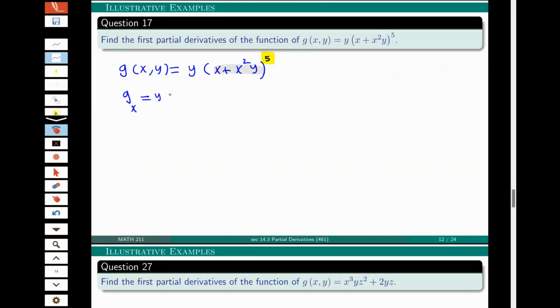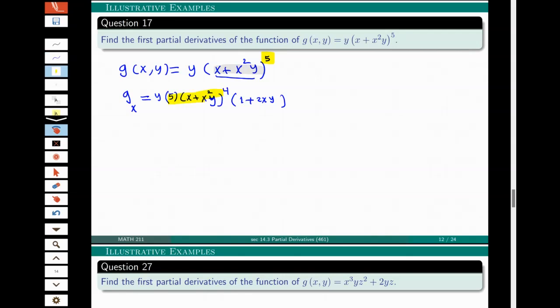A derivative of the power will be 5 times x plus x squared y to the power 4. A derivative of the inside with respect to x will be 1 plus 2xy. That's the derivative of the inside.